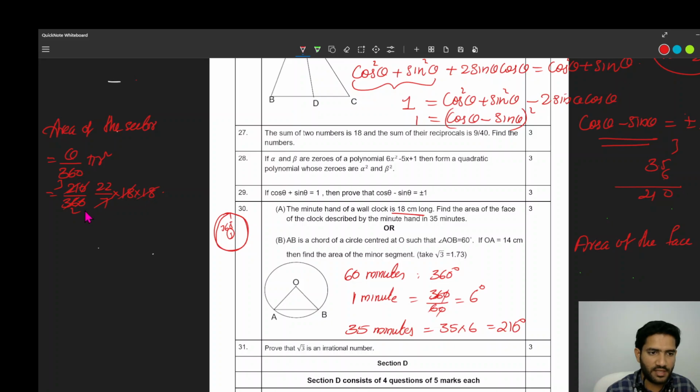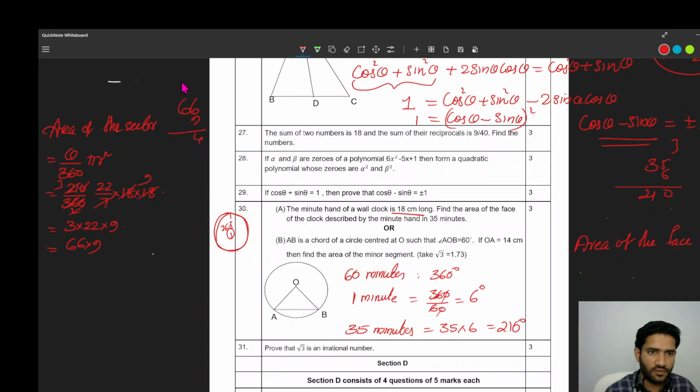Again we can cancel 18 and 2, it will be 9. So we have 3 into 22 into 9. That means 66 into 9. So what is 66 into 9?